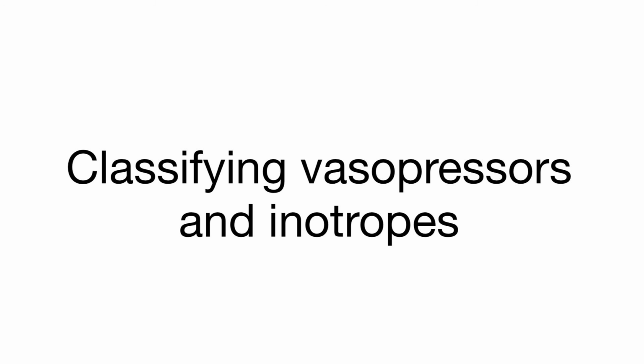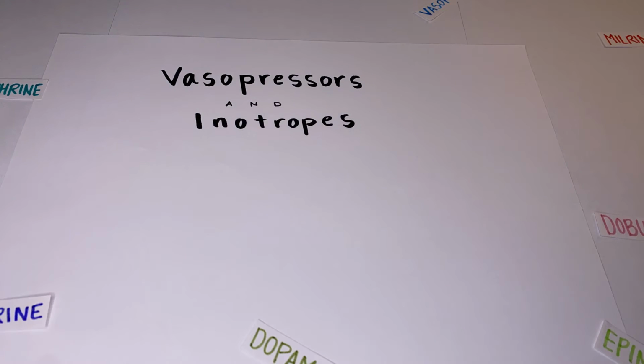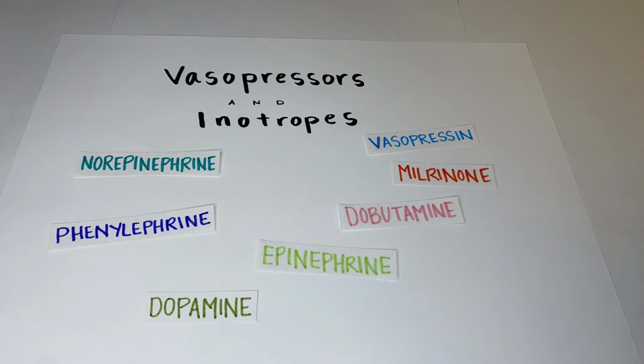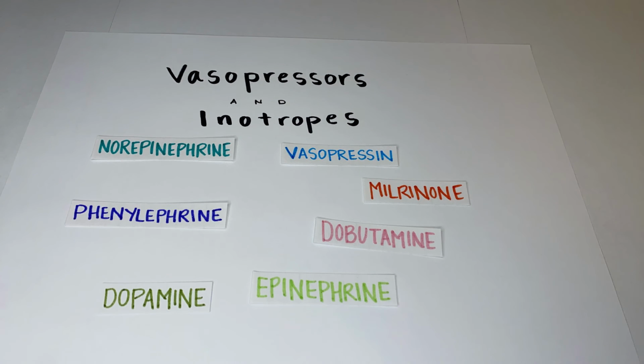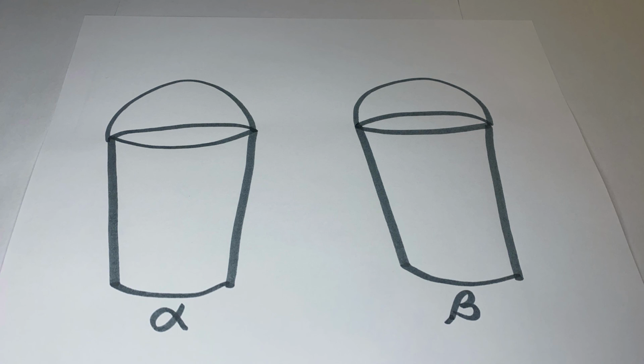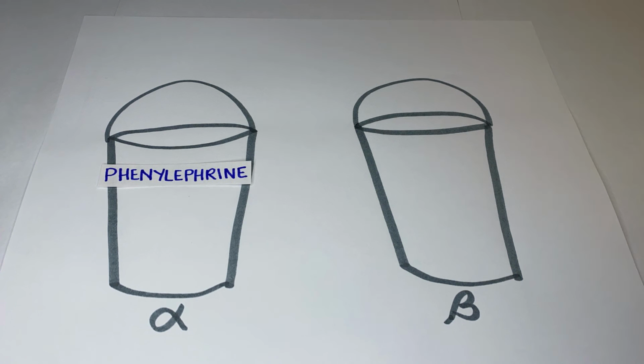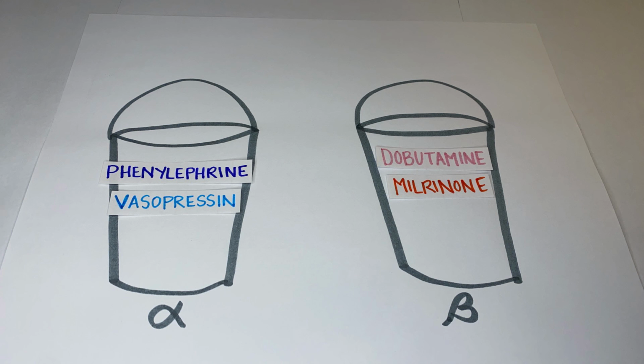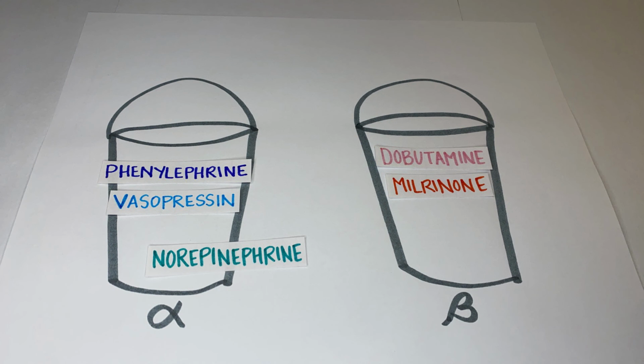Let's take this knowledge and apply it to 7 common vasopressors and inotropes: norepinephrine, phenylephrine, dopamine, vasopressin, milrinone, dobutamine, and epinephrine. First, let's think about these medications by their primary receptor interactions. Phenylephrine and vasopressin both have almost exclusively alpha-1 effects. Dobutamine and milrinone have strong beta-1 effects as well as moderate beta-2 effects.